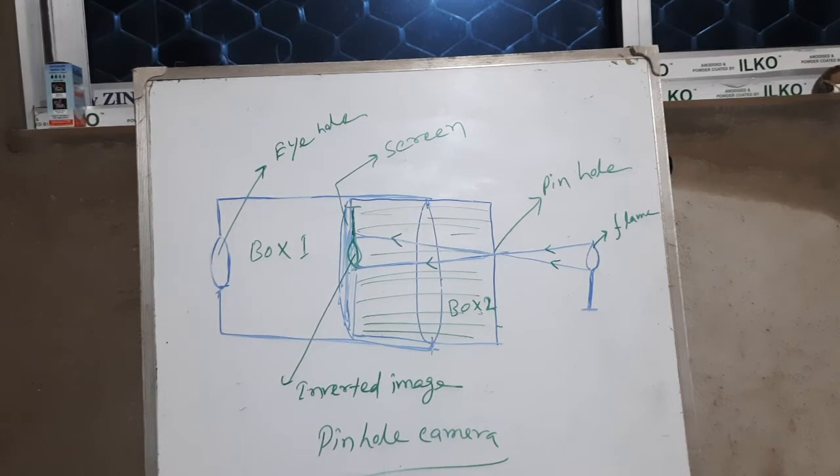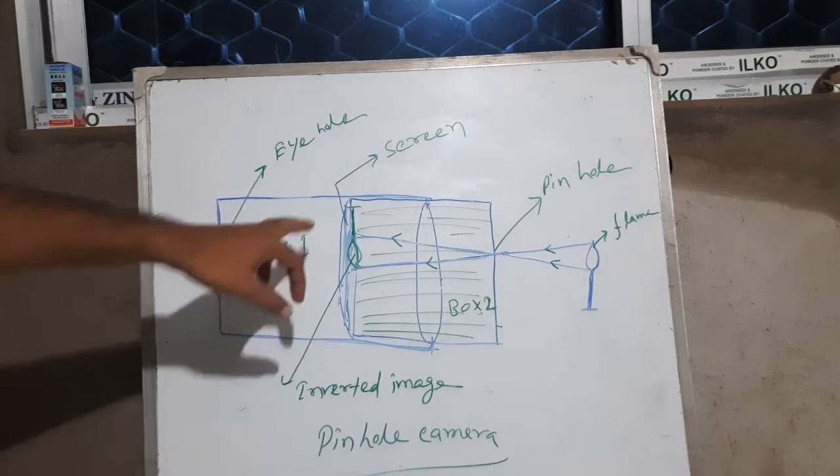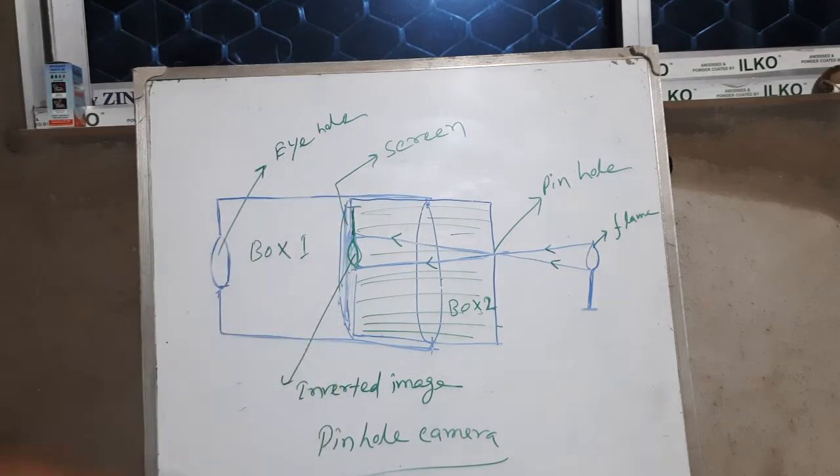Box 1, box 2, and here one screen is given. That screen is made up of a transparent object. Translucent object, not transparent object. It will be a translucent object. You know that translucent objects are those objects through which light can pass partially, not fully.